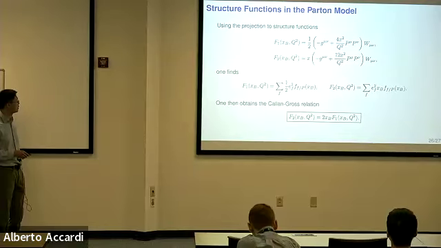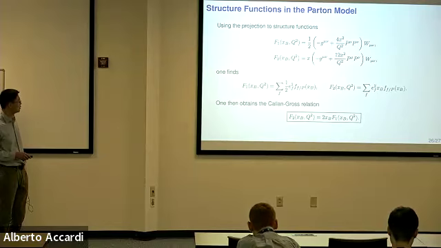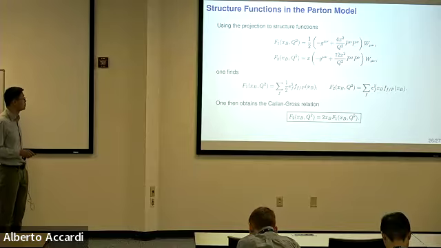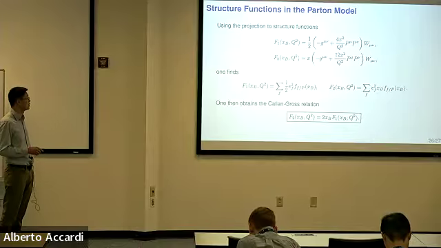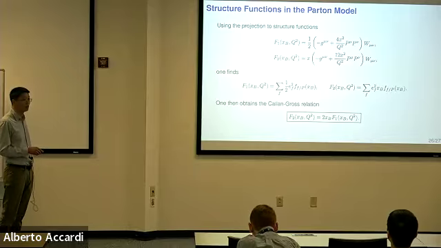From this expression, you can directly see the relation between F1 and F2. This relation is also called the Callan-Gross relation. Another important property of this calculation is that the structure function is independent of Q squared. At least at this leading order, you only have dependence on x Bjorken.